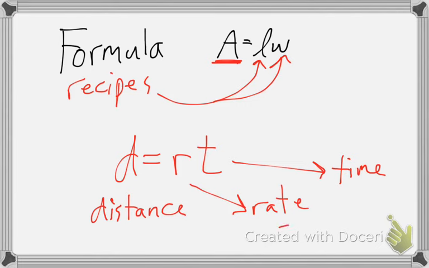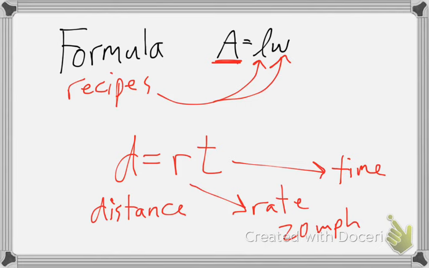So let's say it's going 20 miles per hour, or you might say 20 meters per second. The rates can be in any different measurements that deal with distance and time. So miles per hour or meters per second are very common rates. Time is just in 5 seconds.